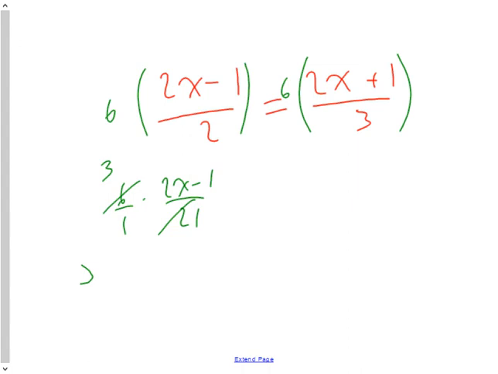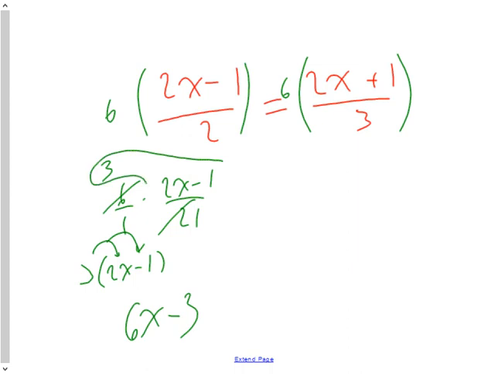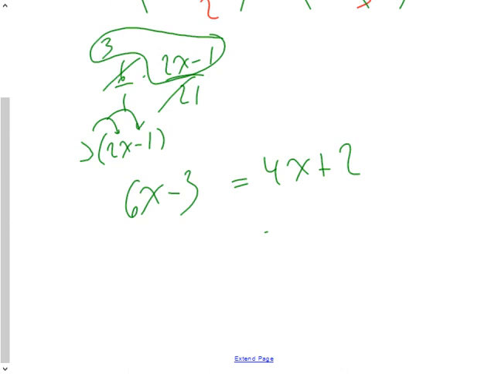That requires the distributive property again, so the numerator is 6x minus 3. In the next one, I'm simply going to say it's 2, and therefore I'm really multiplying 2x plus 1 by 2, which would be 4x plus 2. If you don't believe me, I could have rewritten it, but I think you understand.